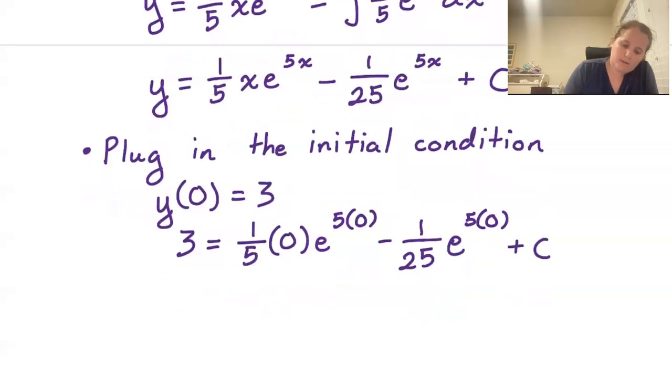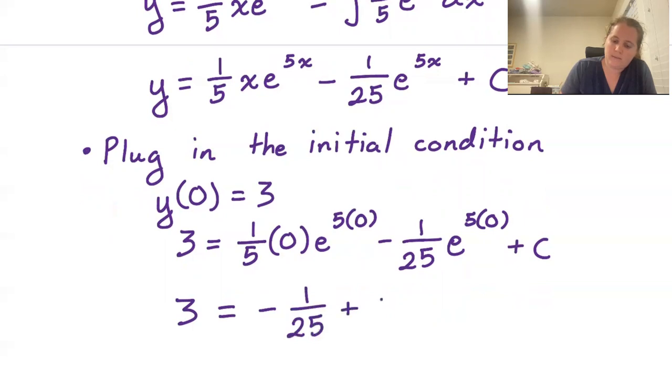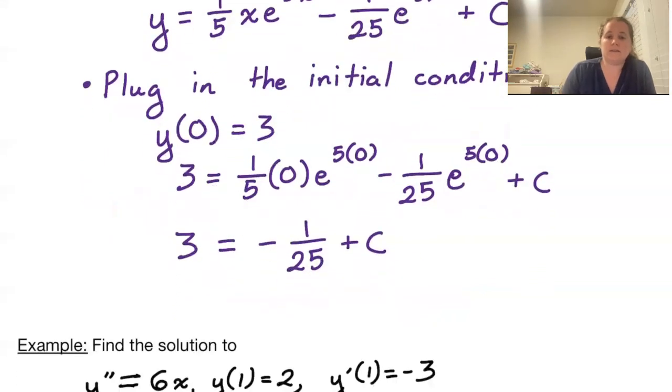So we have 3 is equal to that first piece will go to 0. The second piece is just negative 1/25. And then plus c. So 3 and 1/25 is our c, or c is equal to 76/25 or 3.04.